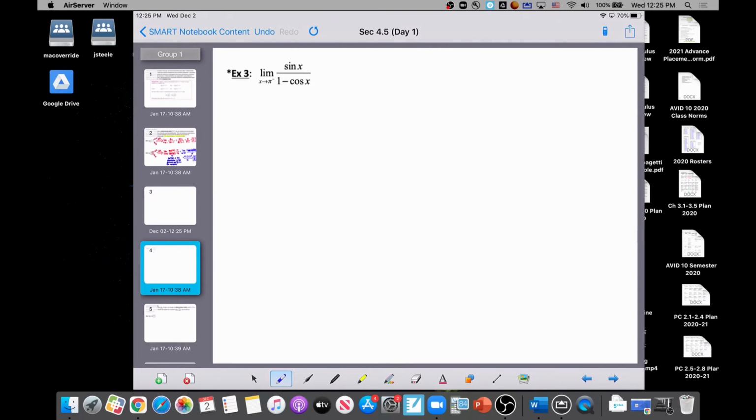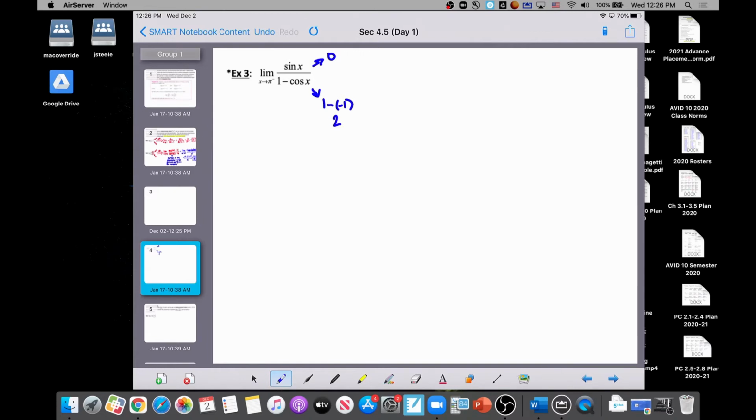The ordered pair at pi is -1, 0. So sine of pi would be 0. Cosine of pi is -1. So here I would have 1 minus -1, which is 1 plus 1, which is 2.